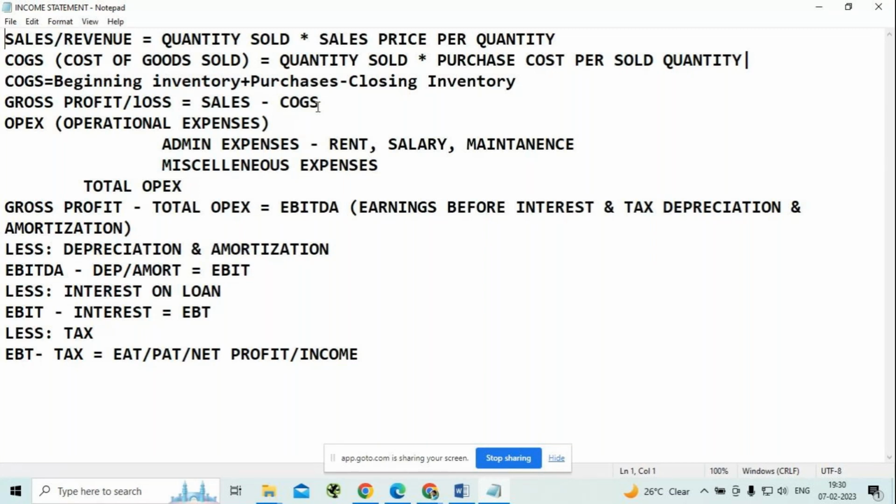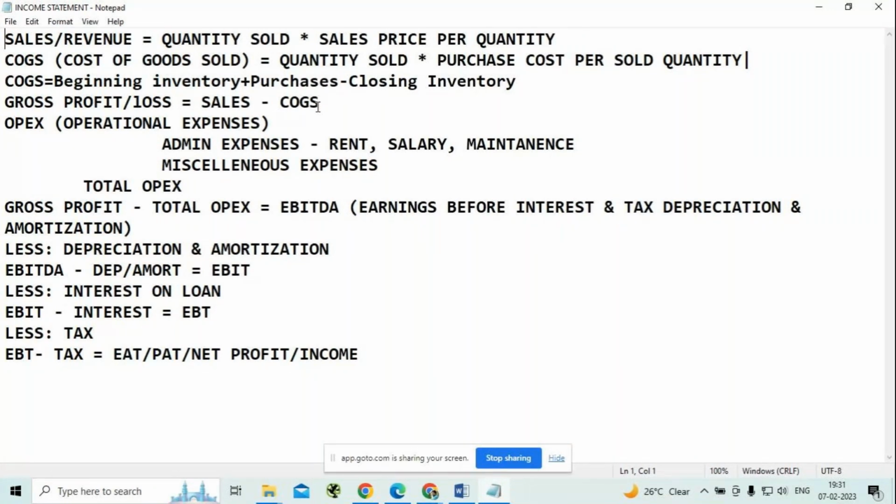Is it possible to make a sale without any purchases? No, sir. So it is not possible. So I have to see how much sales we are making, and to make those sales, how much did I spend?